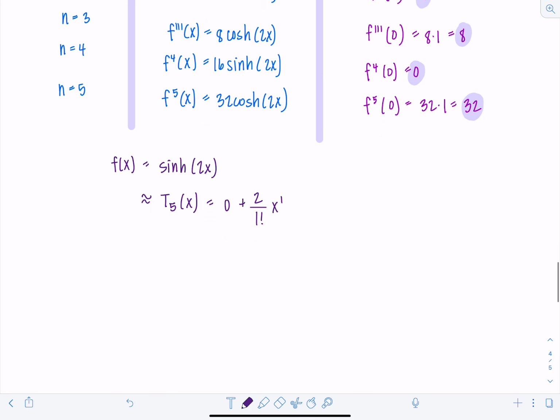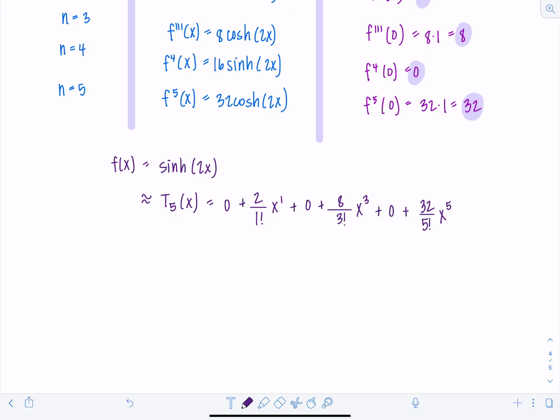Okay, next term, well, it's just going to be 0. Okay, moving on. Then I'm going to have a coefficient of 8 divided by 3 factorial, and then we have x cubed. Then the next term, that one's 0 too. And then lastly, the sixth coefficient is going to be 32 over 5 factorial times x to the fifth.